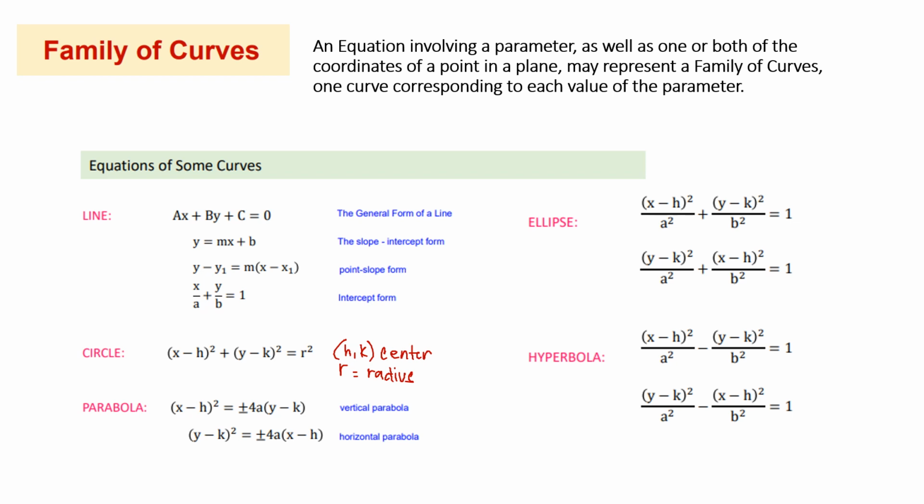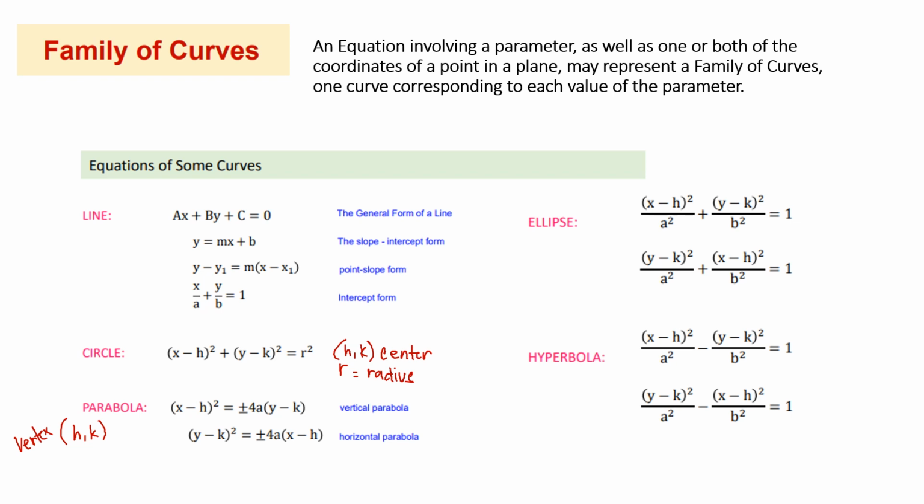For our parabola, h, k here is the location of our vertex. h is the x coordinate and k is the y coordinate of our vertex. When we say vertex, it is the lowest or highest point of our parabola.